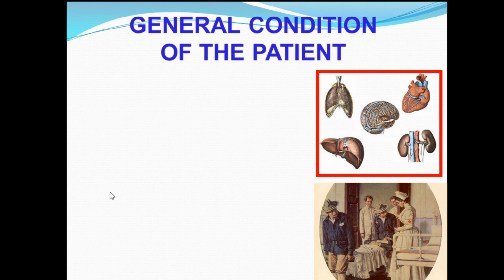We distinguish three main types of general conditions. Satisfactory: function of vital organs is held, and the patient can be examined anytime and completely, because his condition is satisfactory, without any aggravating factors.